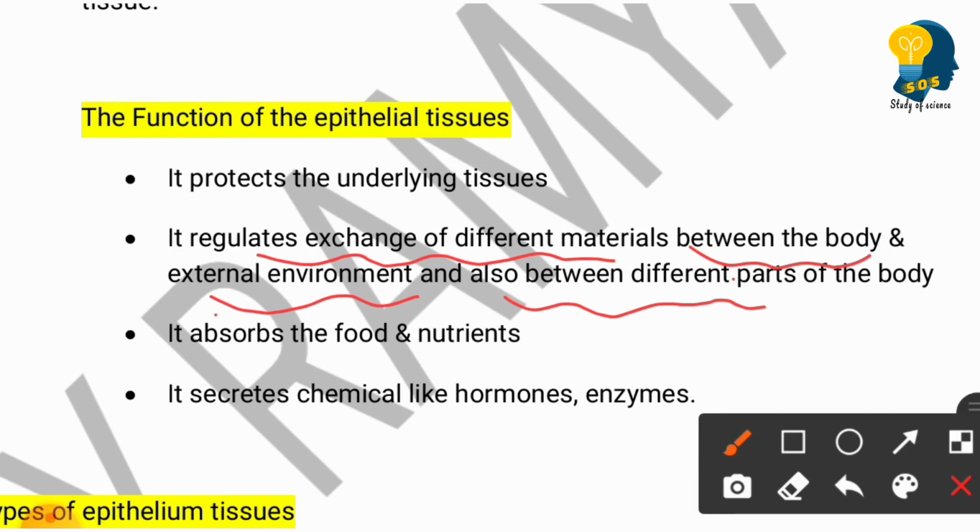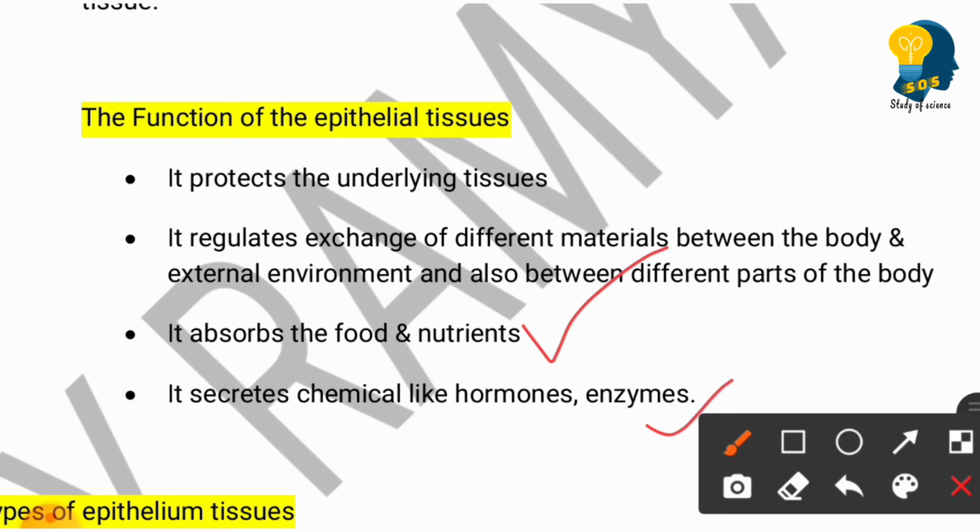It controls the flow of materials through the boundary of different organs. There are some materials in the stomach, some in the lungs, some in the intestine, and those materials will not leak out of that particular region. Moving to the next point, it absorbs food and nutrients and secretes chemicals like hormones and enzymes. We will understand this under the types of epithelium tissues.